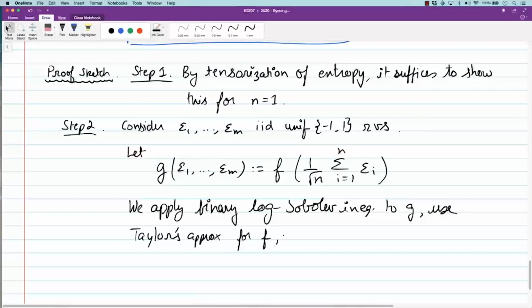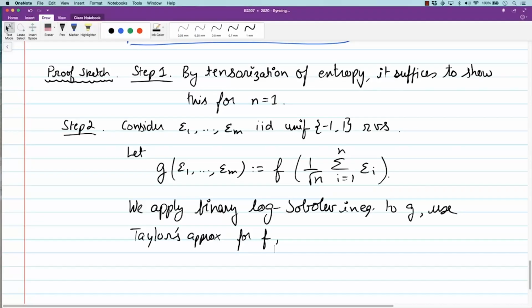Yeah, I think in this case we don't need the boundedness of the second derivative. In this case, it's enough to have bounded first. In this case, I think we are fine.